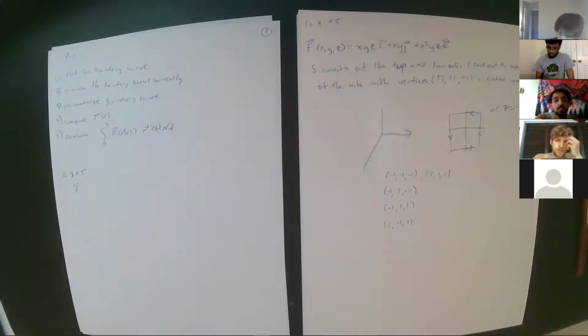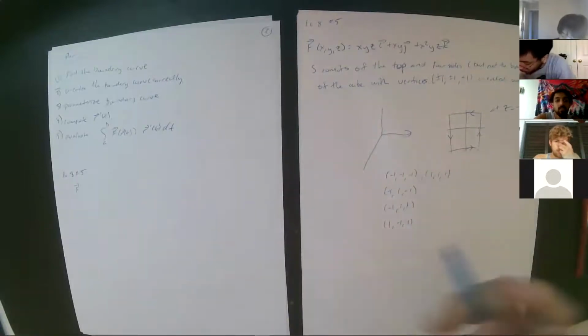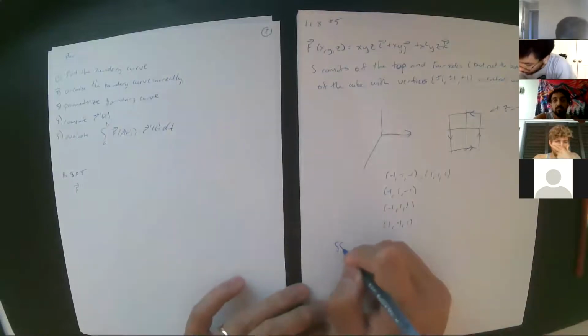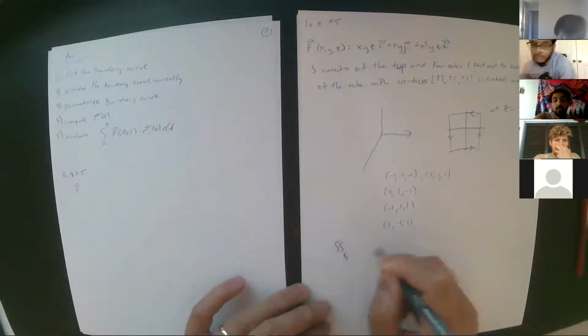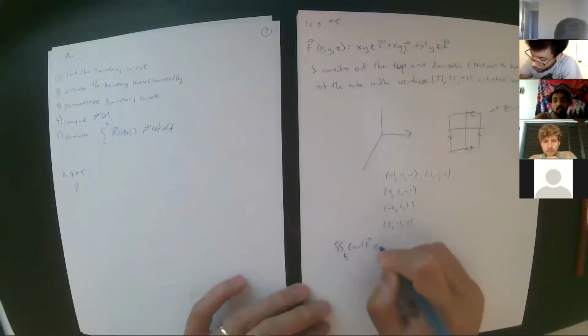Okay, that's nice. So what are we trying to evaluate? We want to evaluate the integral over this surface, which we didn't draw, the curl of f dS.